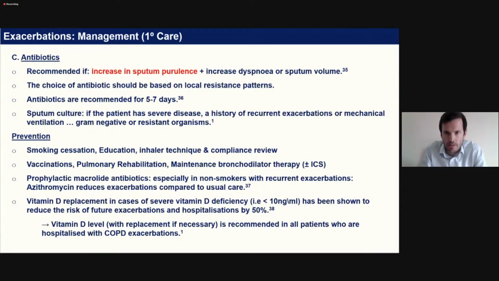Prophylactic macrolide antibiotics, especially in non-smokers with recurrent exacerbations, should be considered. For example, azithromycin has been shown to reduce exacerbations compared to usual care.